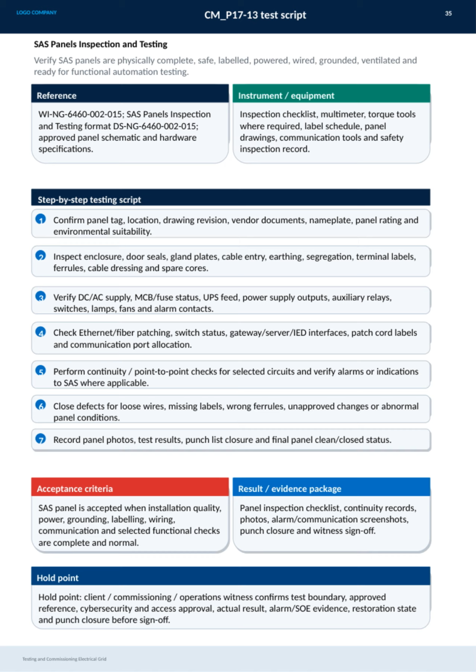Importantly, a hold point is established where the client, commissioning team, or operations witness must confirm key test boundaries, approve references, verify cybersecurity and access, review actual results and alarm evidence, ensure restoration state, and confirm punch closure before signing off. This thorough process guarantees the SAS panels meet all safety and operational standards before moving forward.